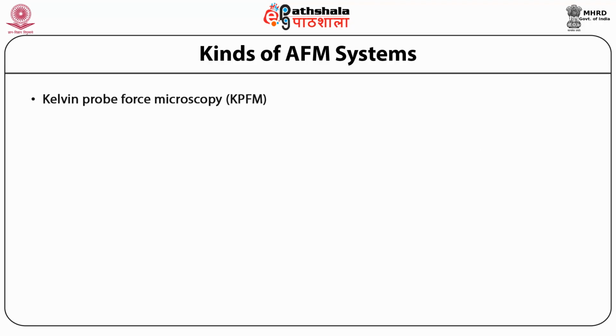The other one is Kelvin probe force microscopy or KPFM. This mode images the surface potential distribution of a sample without direct electrical contact between the tip and the sample. It operates in dynamic mode with either a single or dual pass setup.